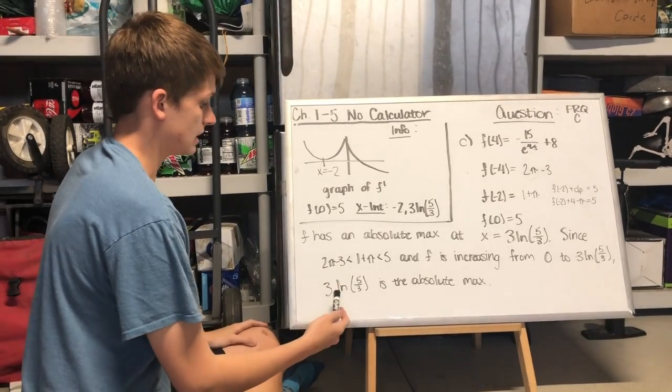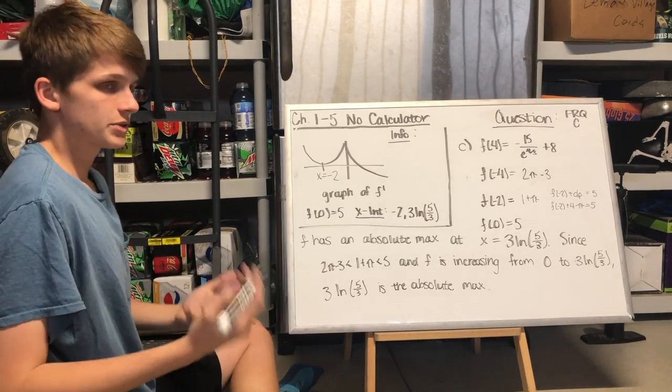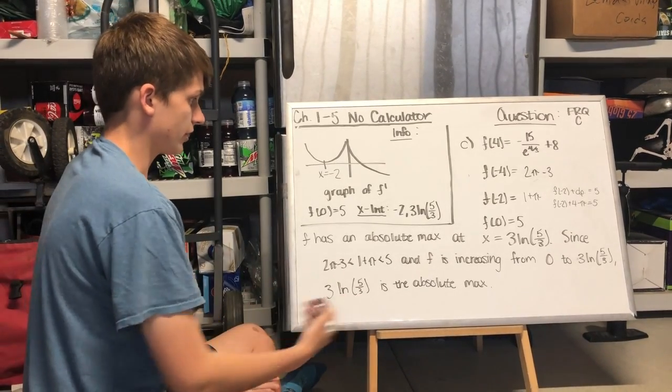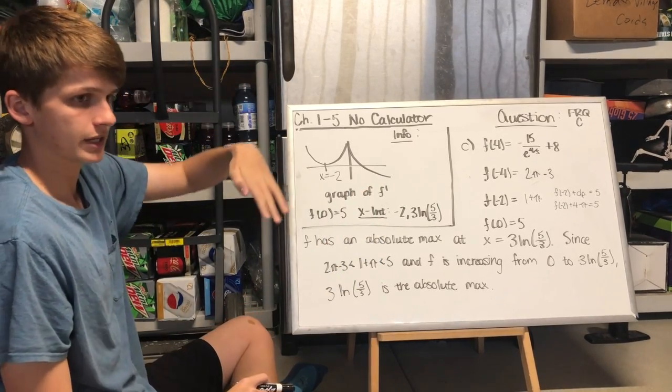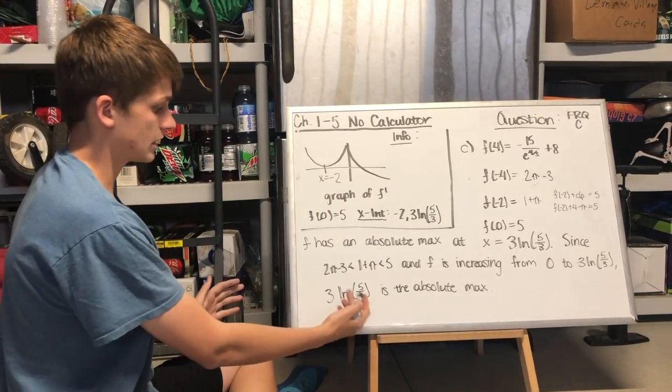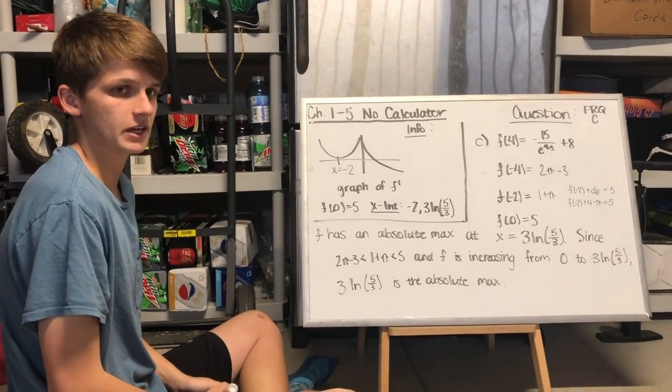We know that 3 natural log of 5/3 is the absolute max. We also know that because after 3 natural log of 5/3, the graph is decreasing, meaning that f's values will get smaller, meaning that that is precisely where f has an absolute max.